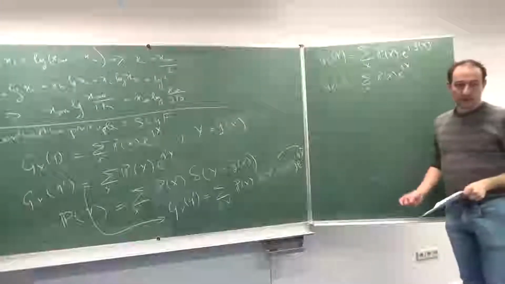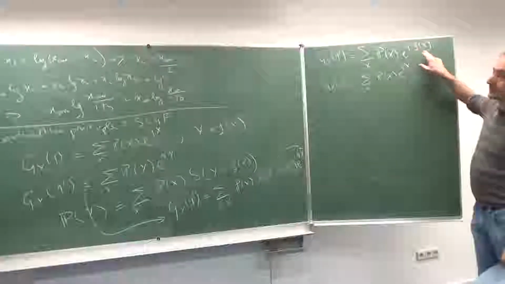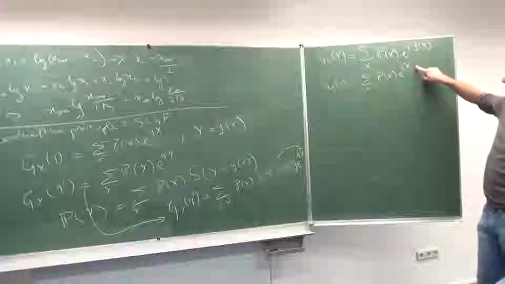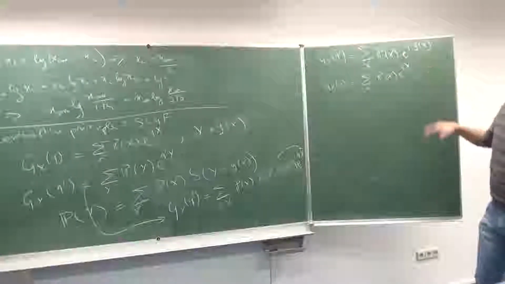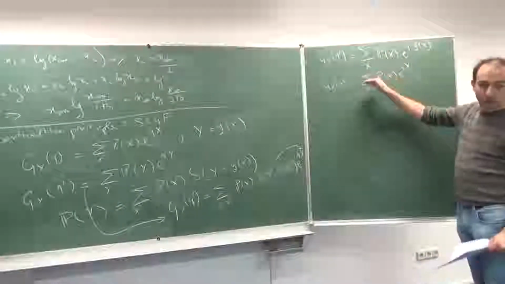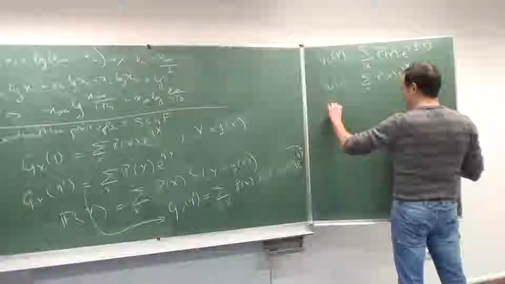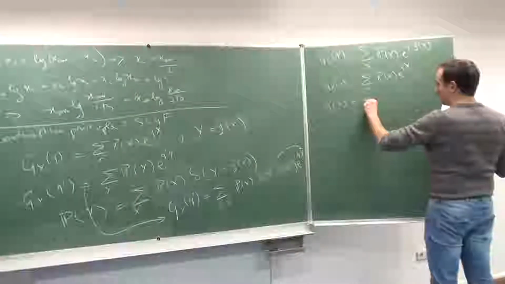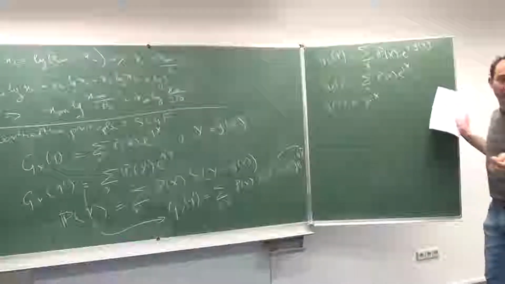Well, notice that we don't go much further here unless y is a linear function of x, because if it is a linear function then we have the same structure as here, and so maybe we can do something. If it's not a linear function, then we will not be able to go much further. So let's assume that y of x is a linear function. So we write it as y times x. Now this y is a matrix, okay?